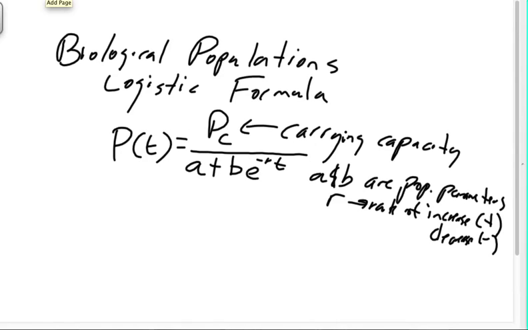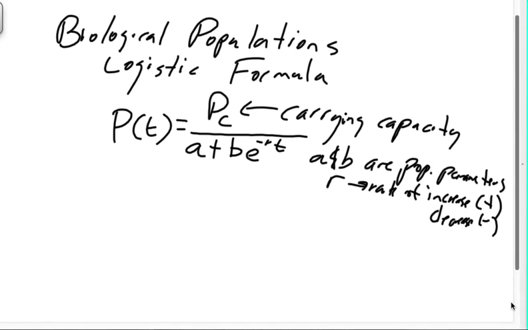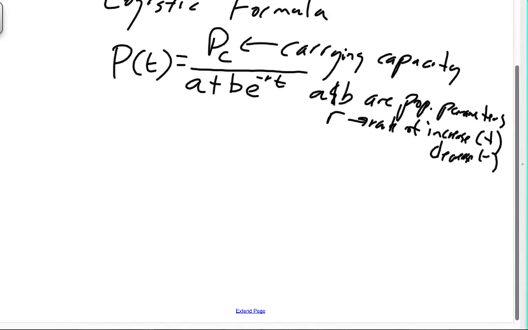Okay, so let's look at an example of this. This is basically the logistic formula right here. In this formula, we know that our carrying capacity is going to be 1,200. In other words, we really don't think that the population is going to be able to handle much over 1,200 of these guys.